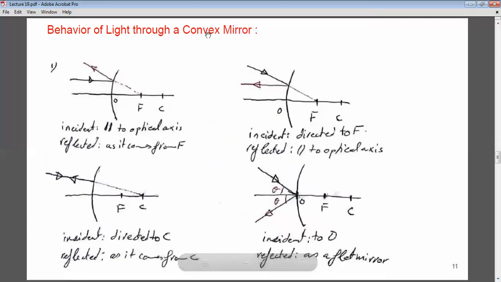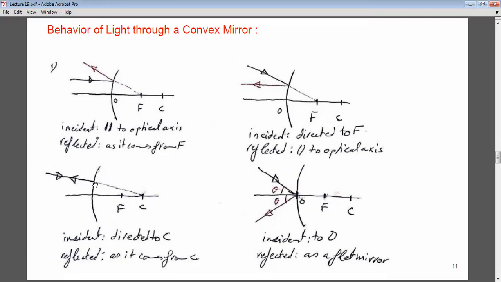Now, for a convex mirror, remember that we have the same optical center. C is in the center of the sphere, and F is at minus R over 2. What are the 4 cases? Similarly, if a ray is parallel to the optical axis, it will be reflected as if it comes out from F. If it is going as if toward F, it will be reflected parallel to the optical axis.